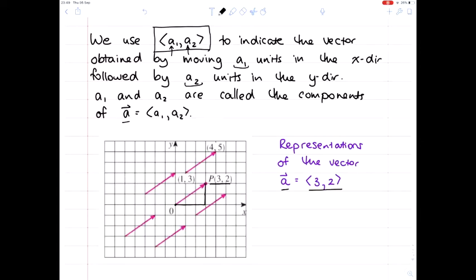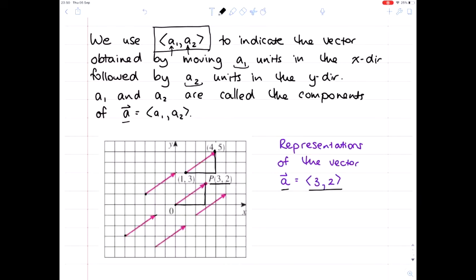But if you start, for example, at the point 1, 3, then your vector says go 3 in the x and 2 in the y, you'll end up at the point 4, 5. And if you start at other points, you'll end up at other points. So really, it's important to remember vectors don't give you a starting point. They just tell you if you have some starting point, where to go from there.